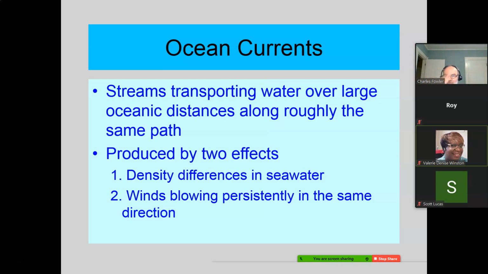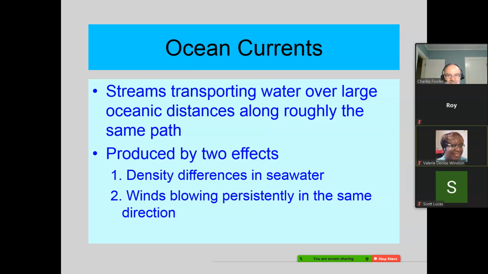Think of it as a river inside the ocean that's moving water constantly, roughly along the same path, produced by two different effects.